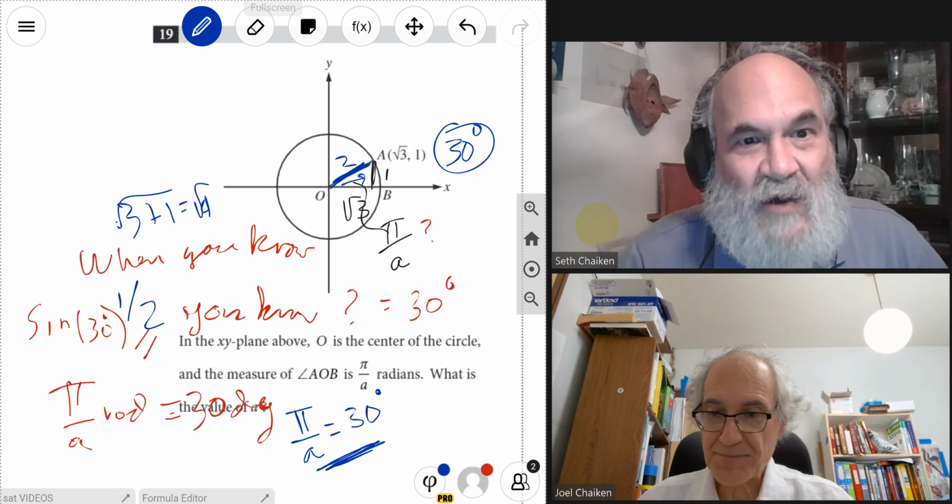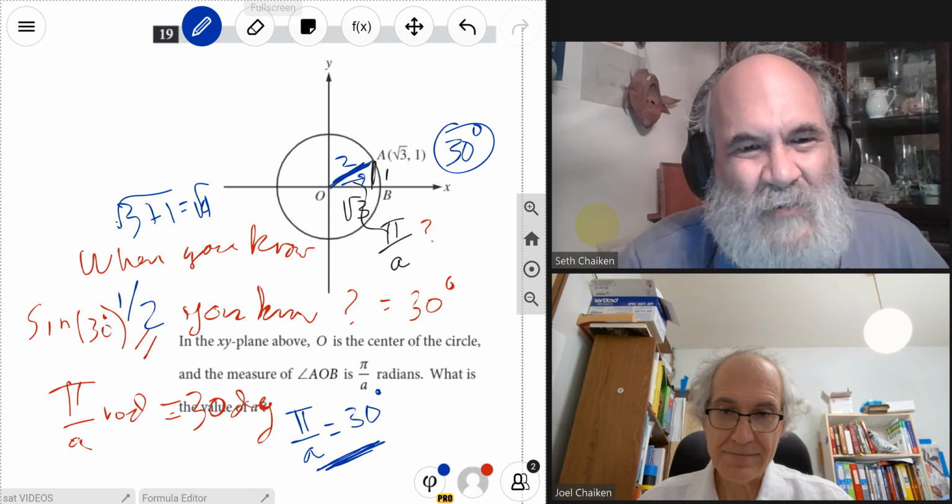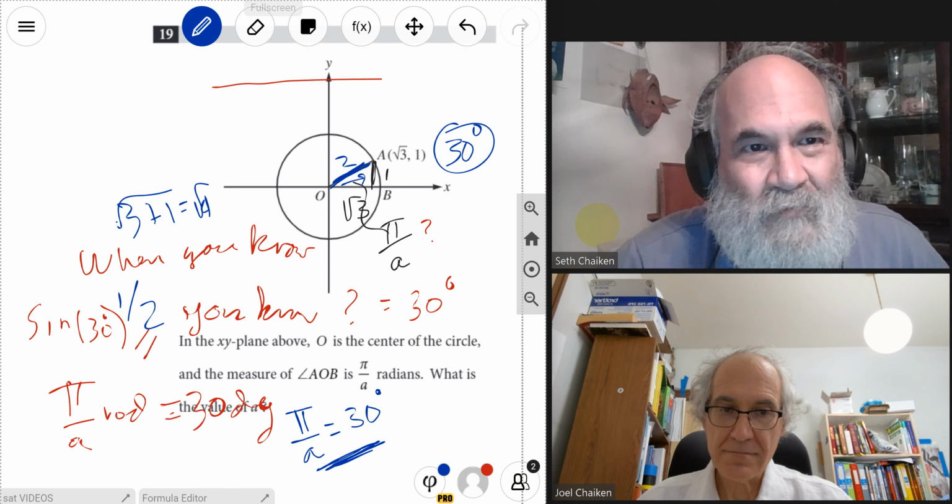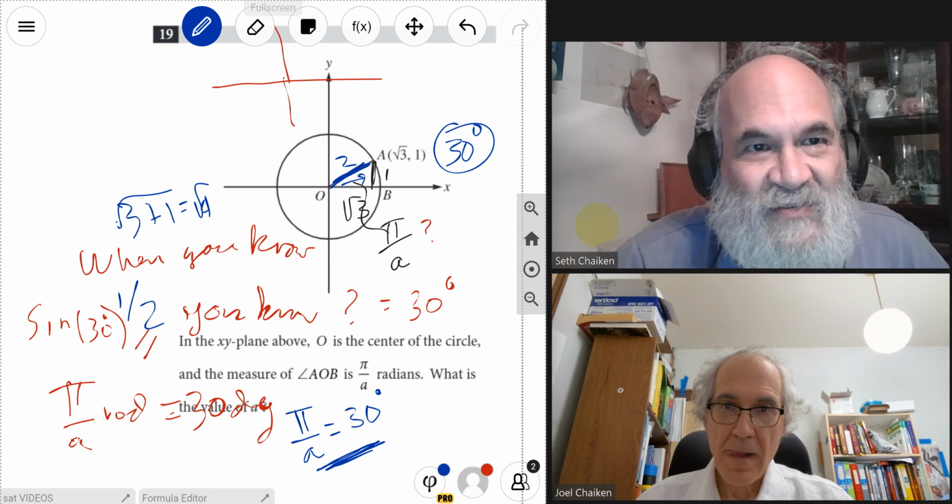What's also important to know is that the angle whose measure in radians is pi is halfway around the circle.